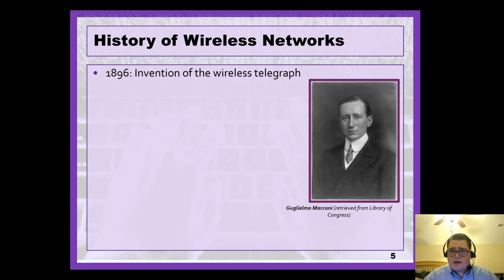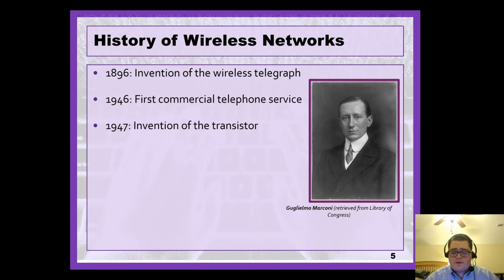Next, let's go through a brief history of wireless networks. The full history of wireless networks is very long and complicated, so I just pulled out a few key points. In 1896, one of the key points was the invention of the wireless telegraph by Guglielmo Marconi, and this was one of the first forms of wireless communication. In 1946, the first commercial telephone service was invented.